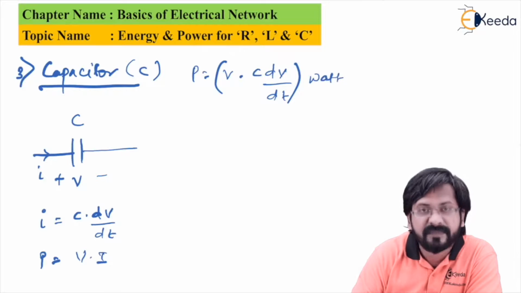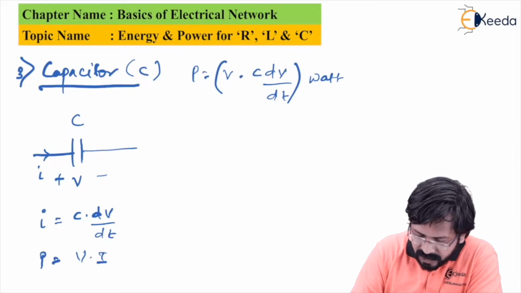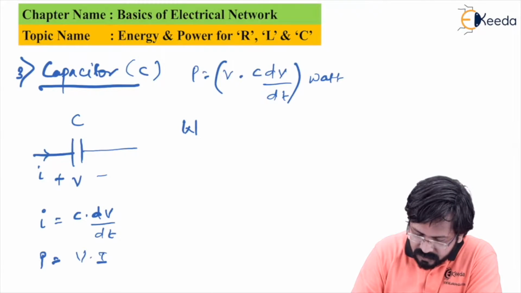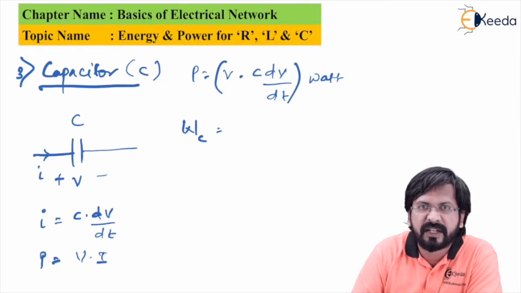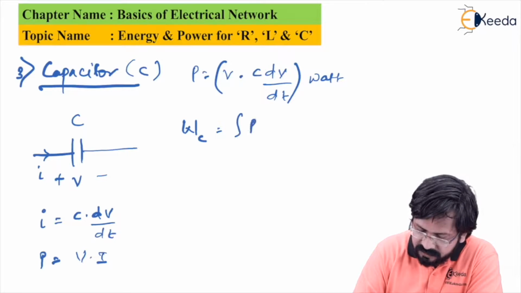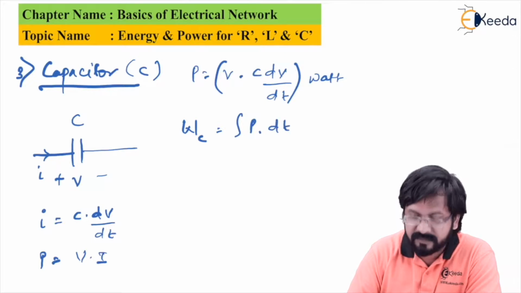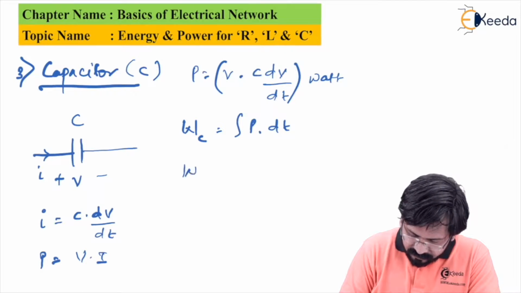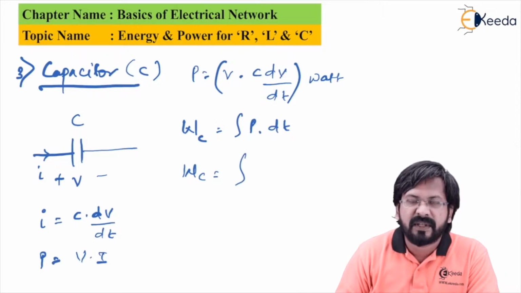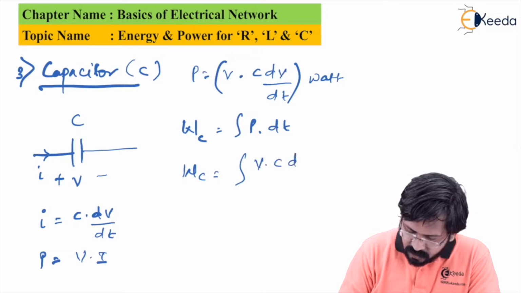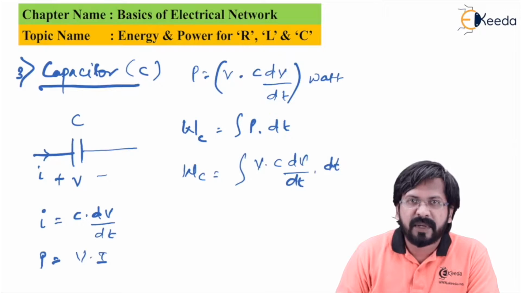Again, watt. Next, we need to calculate energy which is associated with capacitor by standard relation, where WC, that is energy associated with capacitor, is integration of P over time dt. So WC can be written as integration. We can substitute the value of P from here, that is V times C into dV by dt dot dt. Like previous, dt will get cancelled.